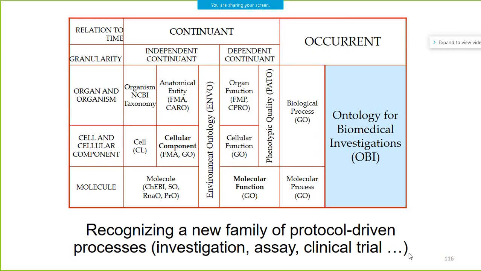And at around the same time, we expanded also to include not just natural biological processes, such as cell division or death, but also protocol-driven processes called experiments or studies or trials or investigations. And we invented an ontology called OBI, which contains terms that we use to describe experiments.